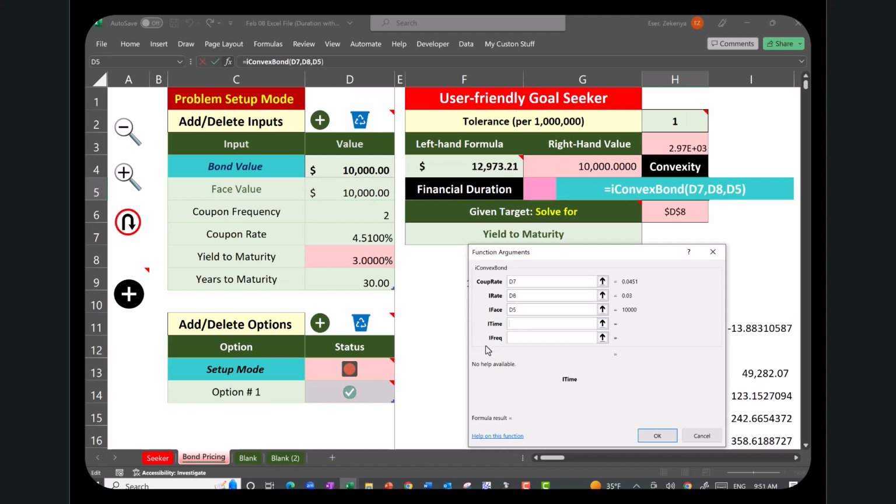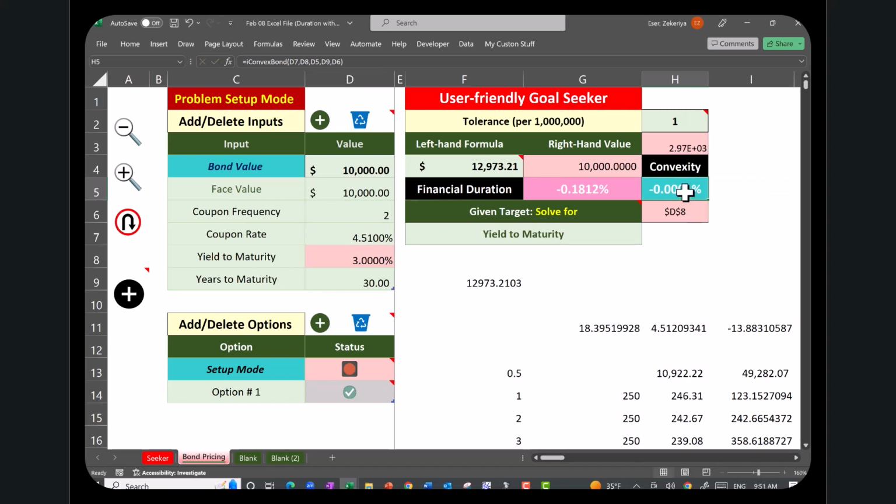It would be exactly the same. iTime is maturity, and iFrec is right there. Maybe it may not be a bad idea to multiply this by 10,000. No, we're going to multiply it by 100.